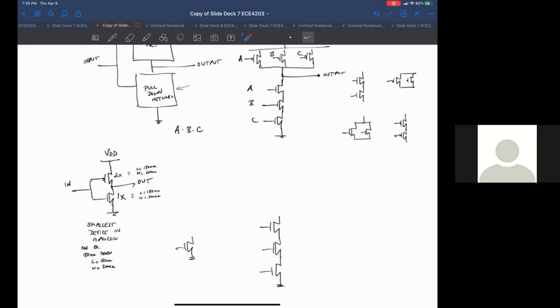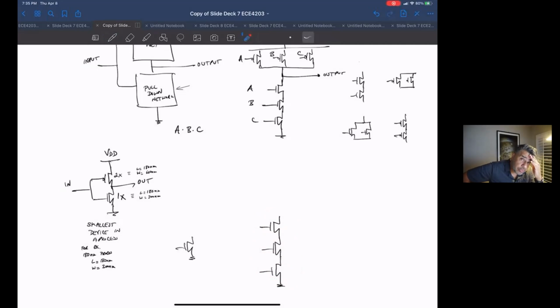You're asking like length and width wise? Yeah. Now the length, don't mess with the length because we always want to make the length minimum length in visual design. Almost never do you want to change that. So really we're asking about a width. It'd be like 900 nanometer.